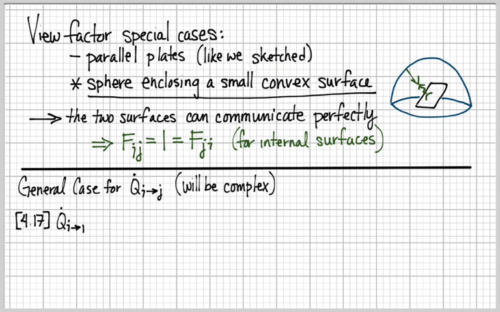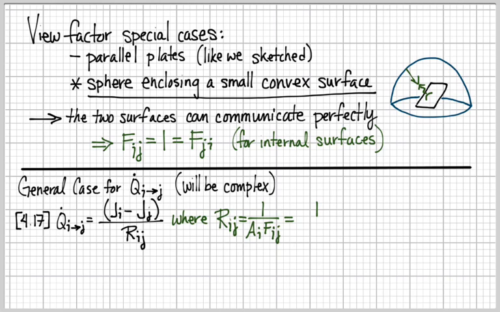Let's start with equation 4.17 in the textbook. Now we're defining radiant transfer from surface i to surface j in terms of the radiosity of surface i minus the radiosity of surface j, and we're going to divide that by the resistance between surfaces i and j.